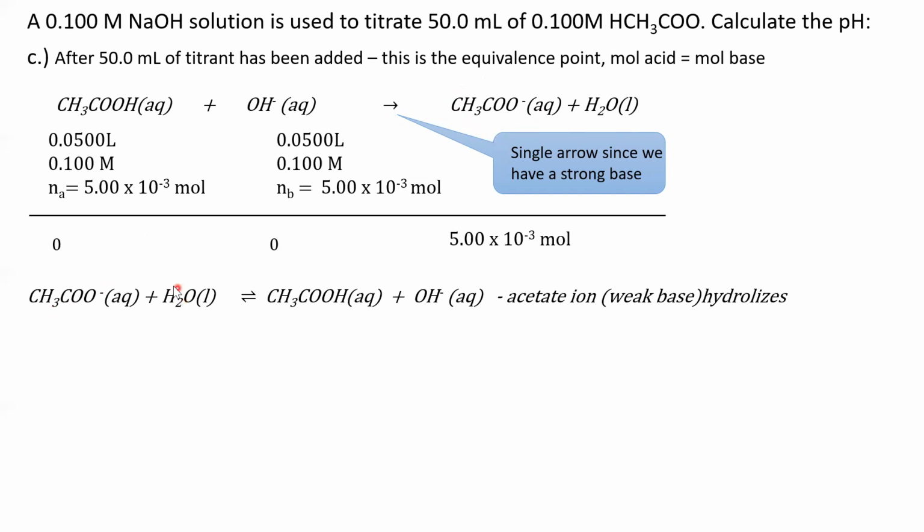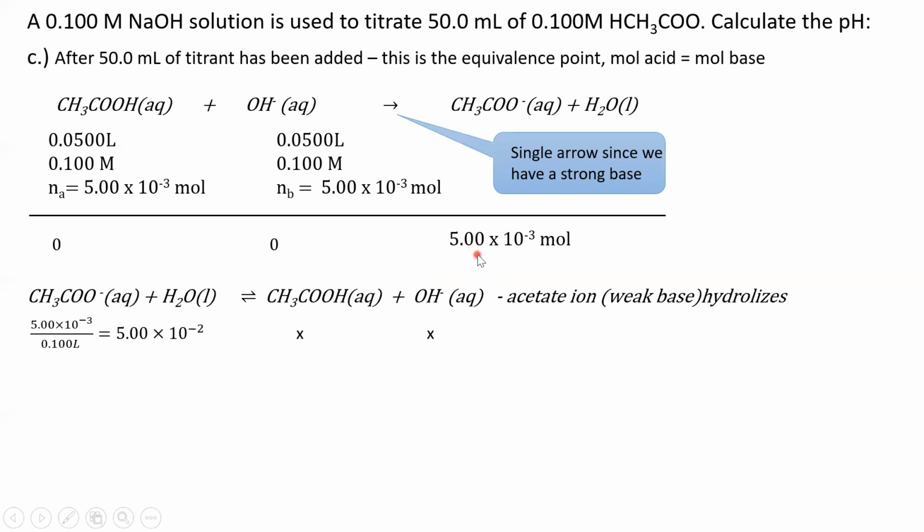In this case, the water is going to act like the acid, so the hydrogen ion is going to go in this direction. We're going to produce acetic acid and hydroxide. Well, now we have something in solution that's going to enable us to calculate the pH because we've got the hydroxide. So we're looking at essentially a weak base equilibrium.